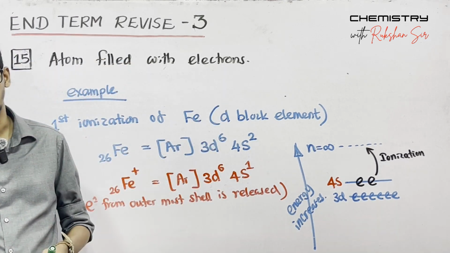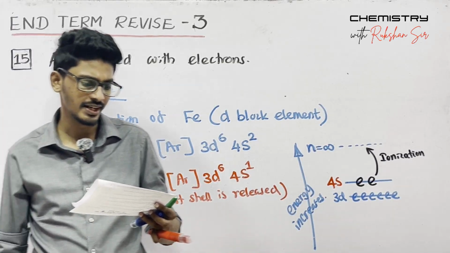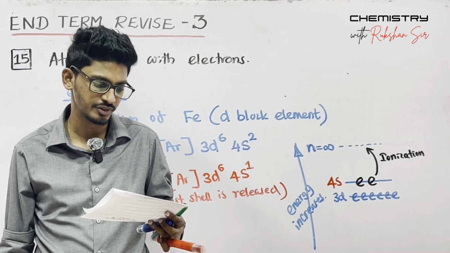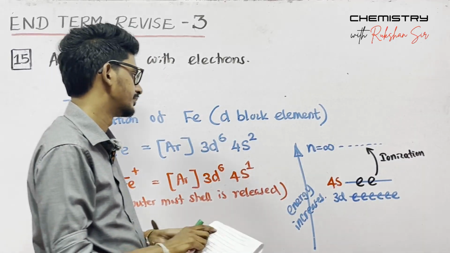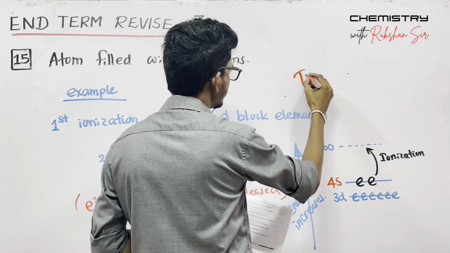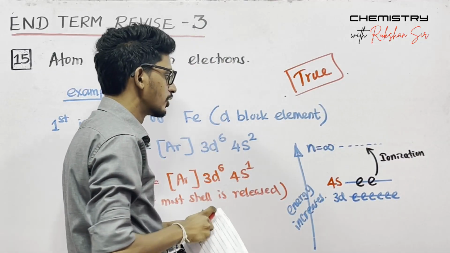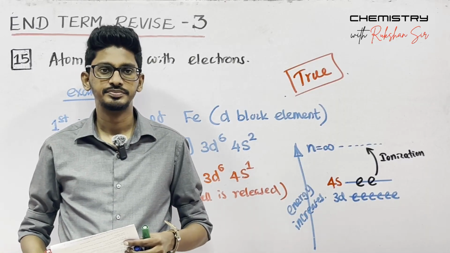So again, let's go to the statement. It says in an atom filled with electrons, 4s electrons are with greater energy than 3d electrons. Yes, the statement is true. So that is the review for statement 15.